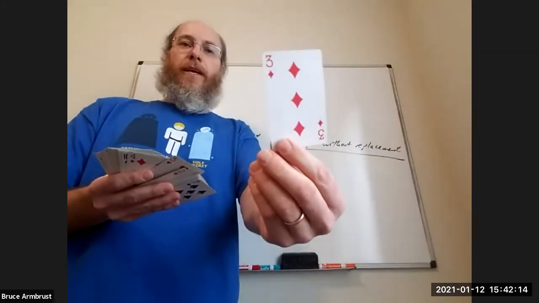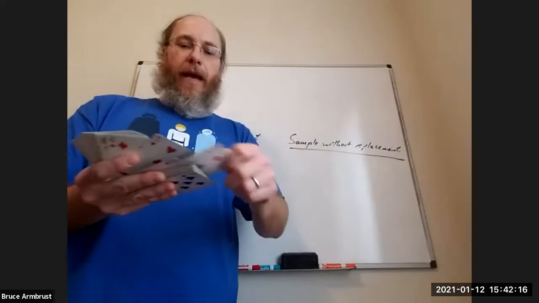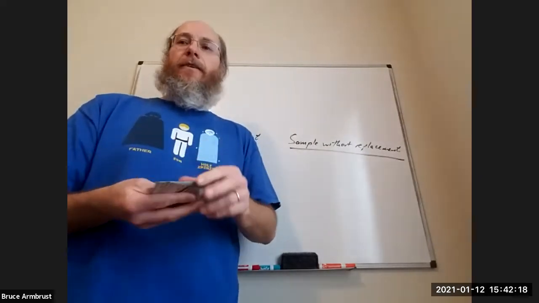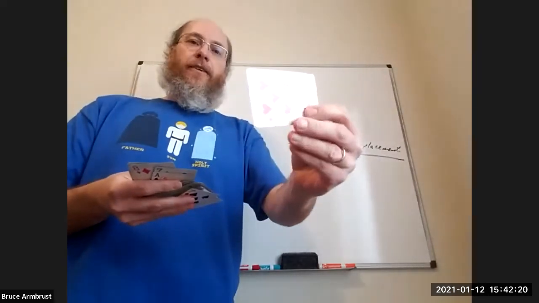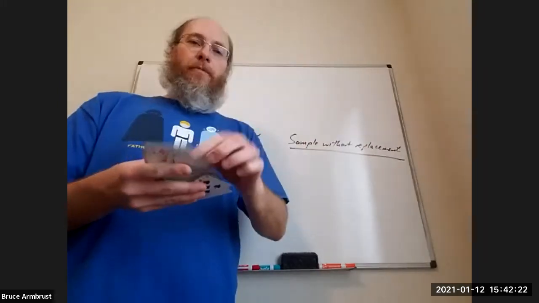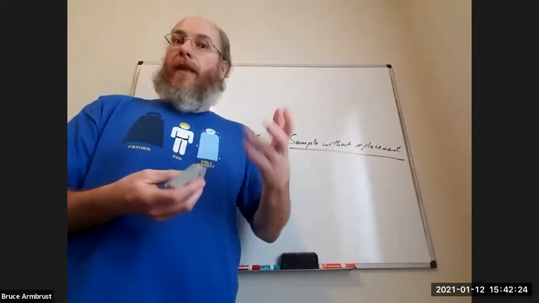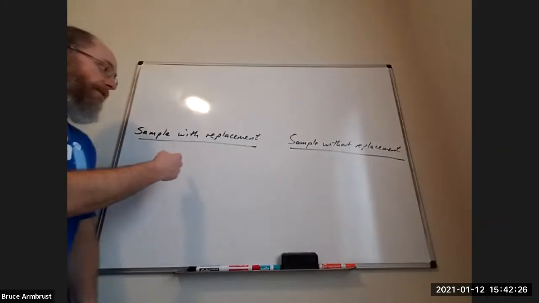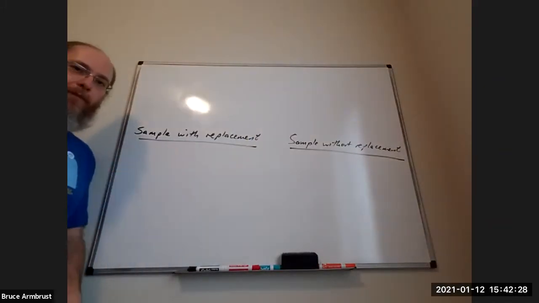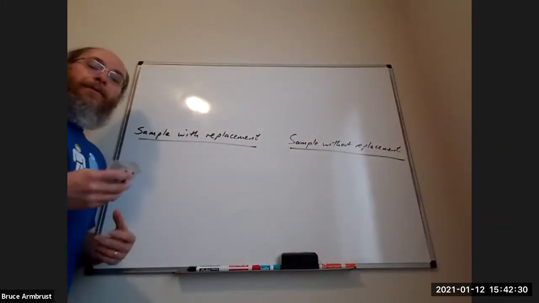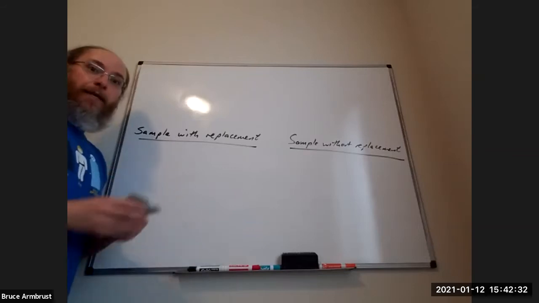So now I draw another card, 3 of diamonds, and put it back into the deck. Then I draw another card, 7 of hearts, put it back into the deck, and so on. That's sampling with replacement, because I'm taking the element I just sampled and putting it back into the population.